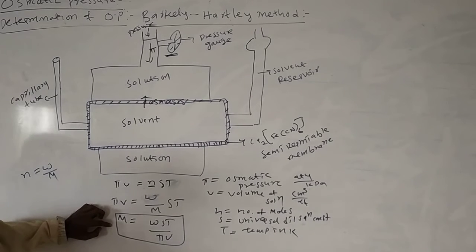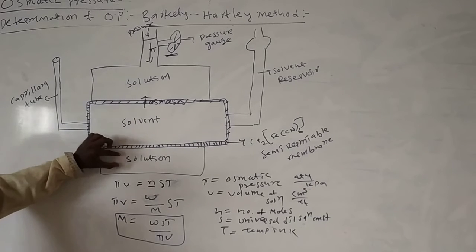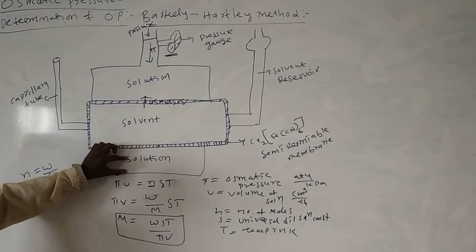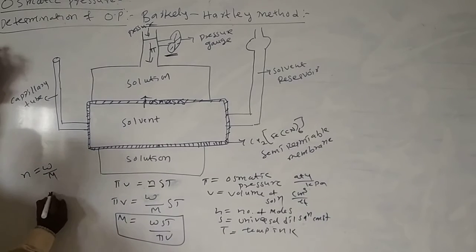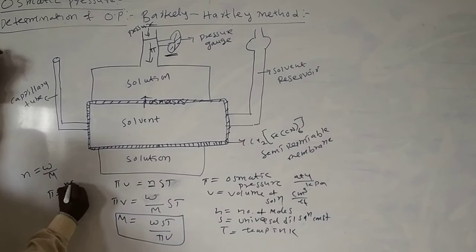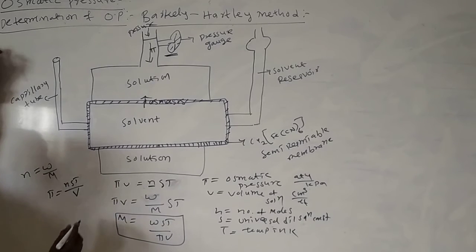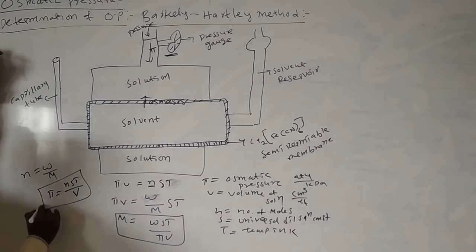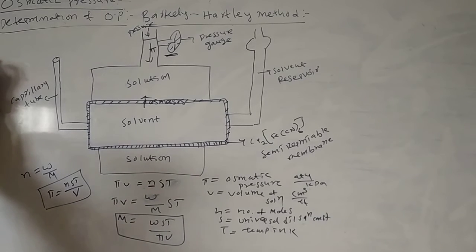By using this principle, we calculate the molar mass of the solute present in a solution. Next, how do we calculate the osmotic pressure? π = nST/V. By using this principle, we calculate the osmotic pressure of that particular solution.